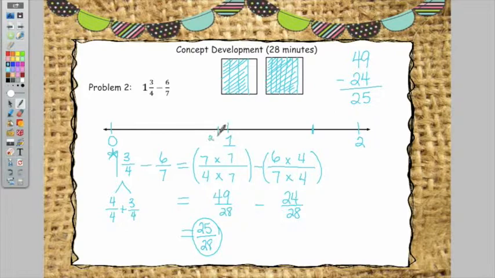So 25/28 and circle it. Yeah, because that's our answer. Then all I do is connect the two tick marks and put 1 3/4 minus 6/7. Very good. 1 3/4 minus 6 sevenths.